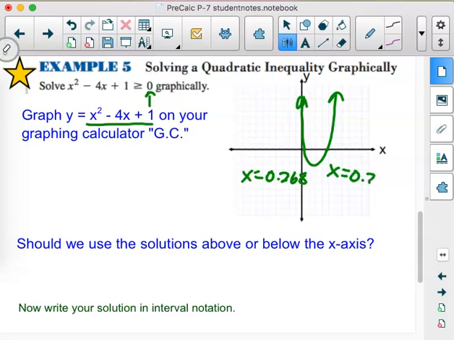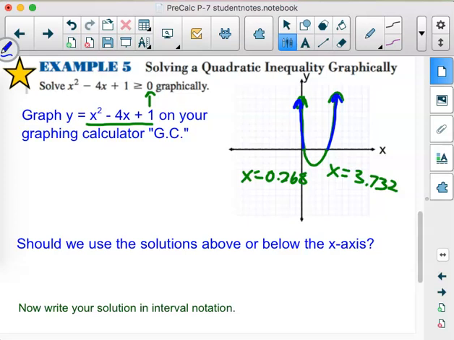And then, since this was greater than or equal to, I need those. And again, those are my ors.